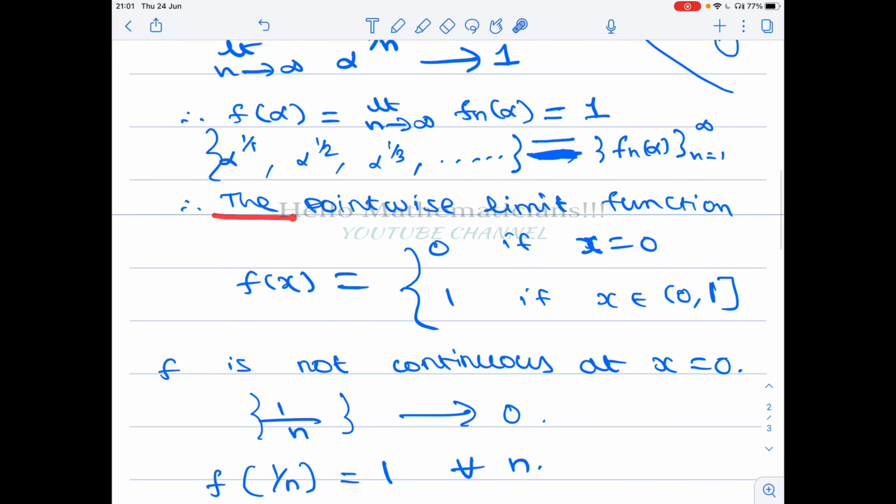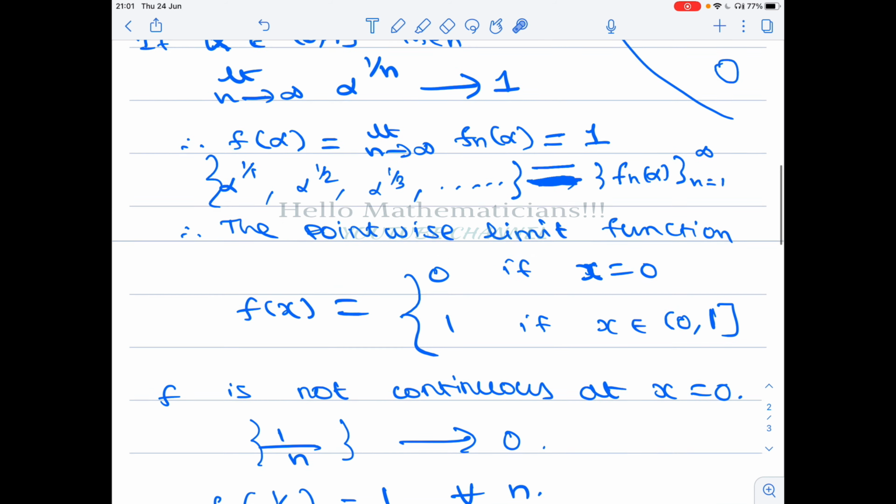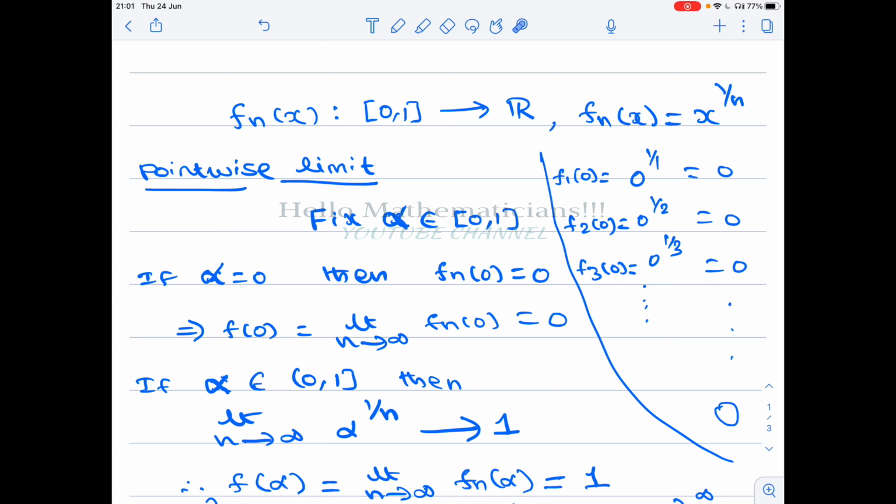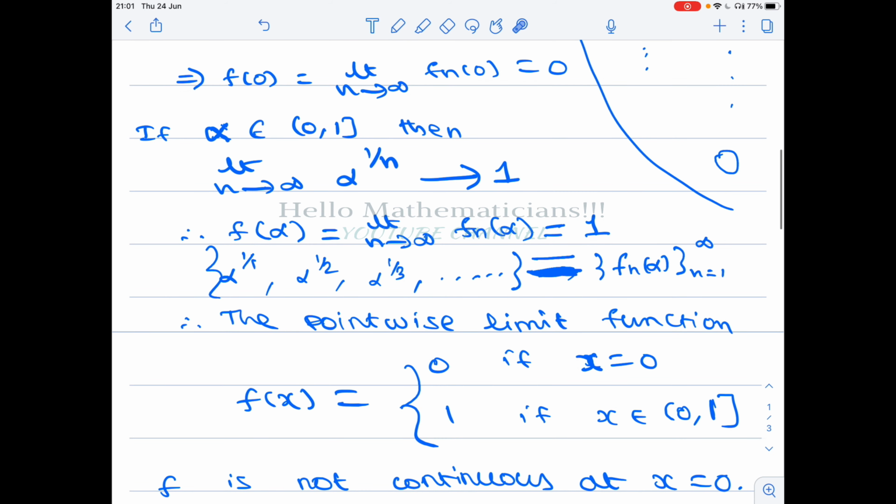So the pointwise limit function is f of x equal to 0 if x equal to 0, and 1 if x belongs to (0, 1]. Just a simple fact: we want to find f of x at every point of closed 0 comma 1.